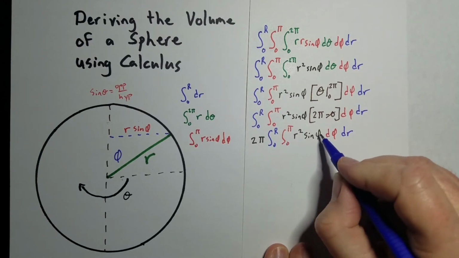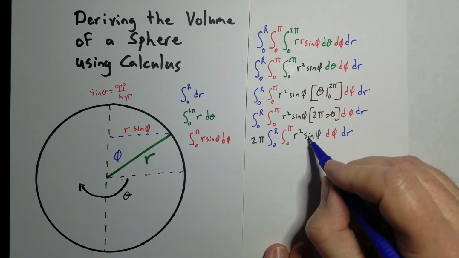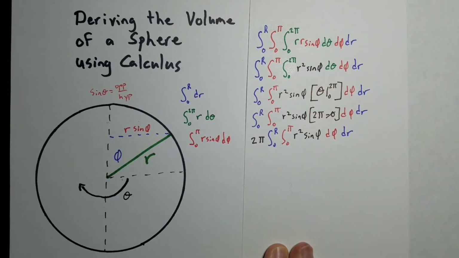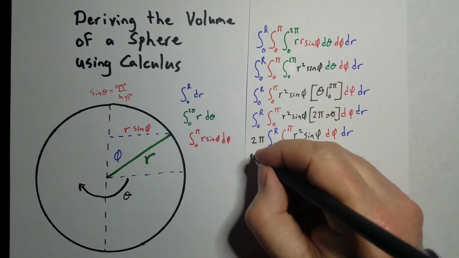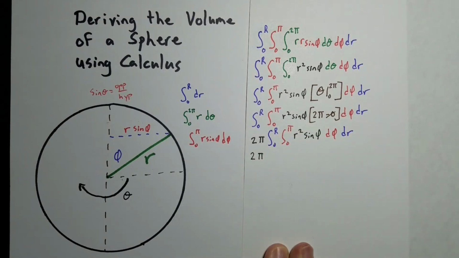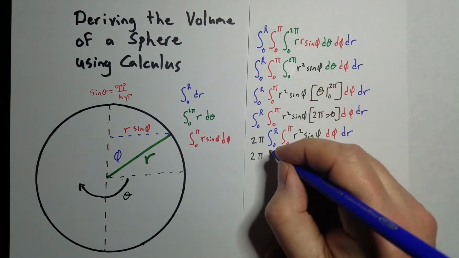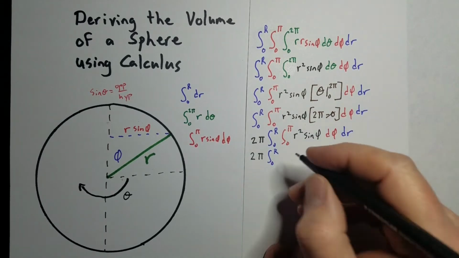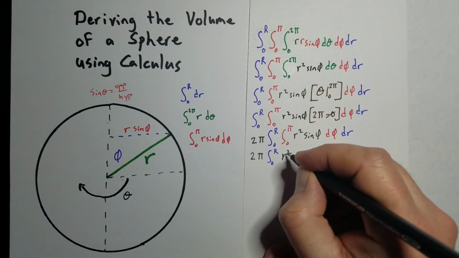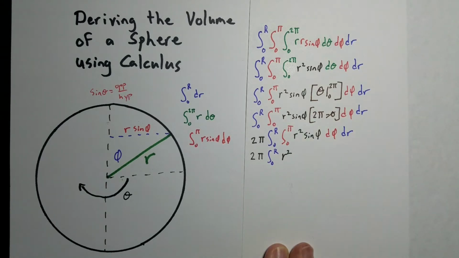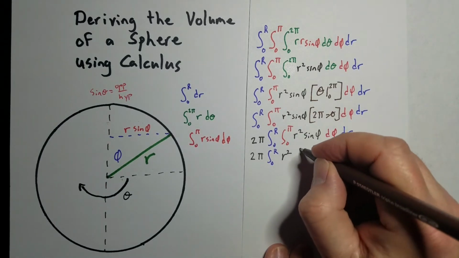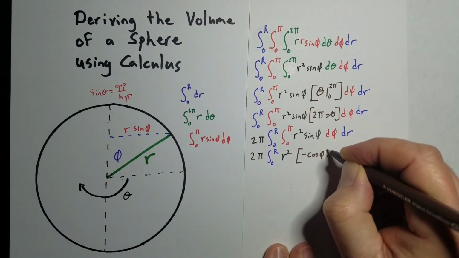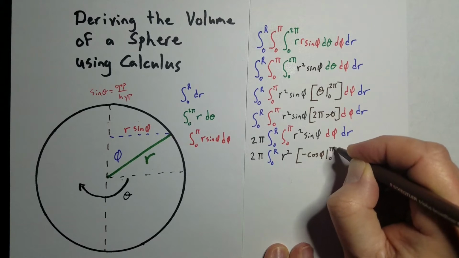Now we got to integrate phi. Well, if you take the integral of sine, you get negative cosine. So it's going to look like this. We'll be down to just one integral left, from 0 to pi.